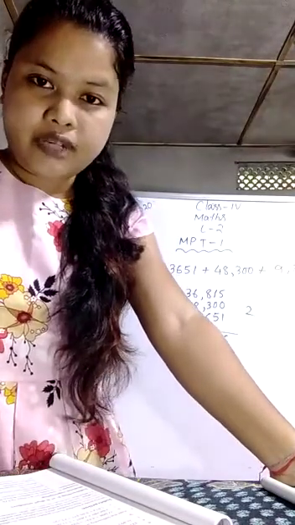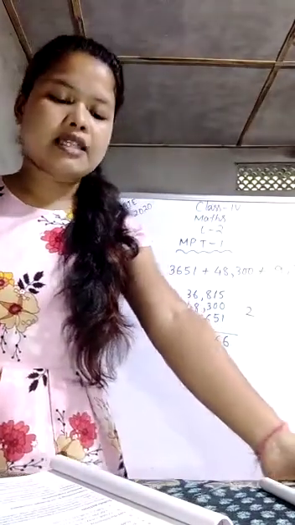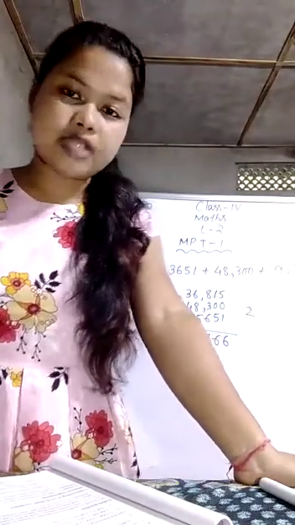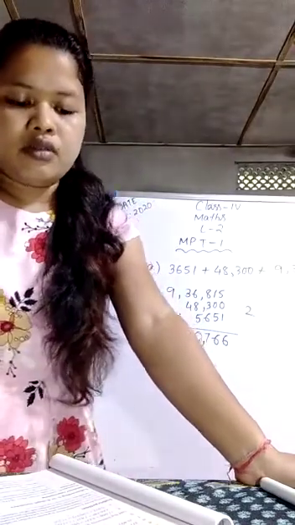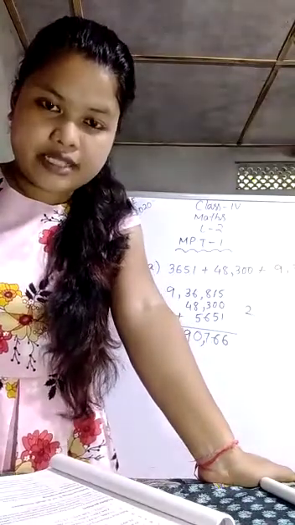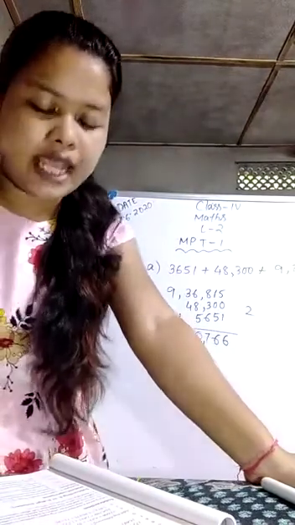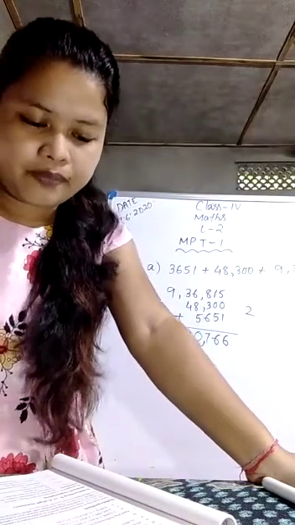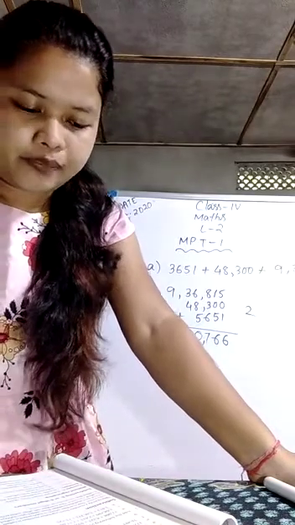Any number we add with 0, the answer will be that number. So in the box we will write 1,28,111. D, E, F, G are also like that.